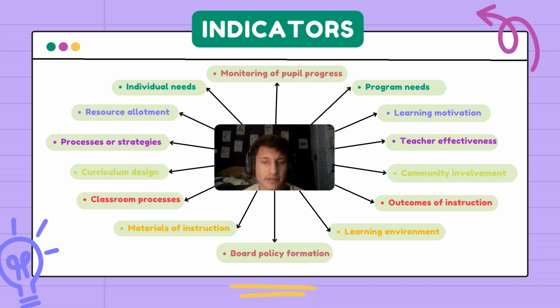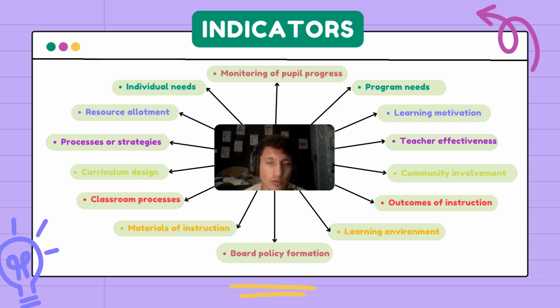It provides insights about the board's authority to communicate its expectations to the staff. The outcomes of instruction provide different types of insights about the extent to which students are achieving the goals and objectives set for them.